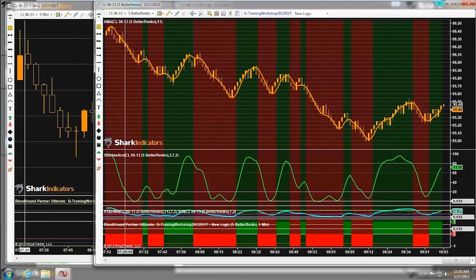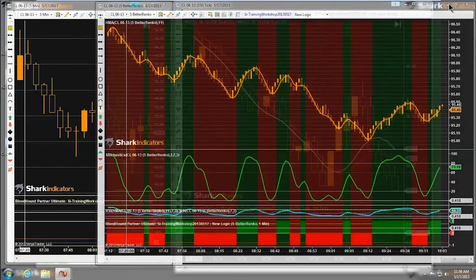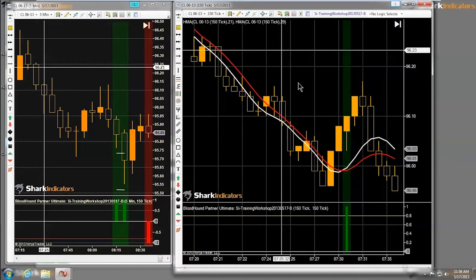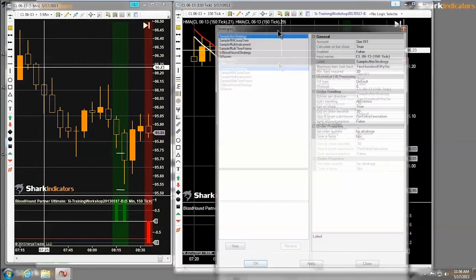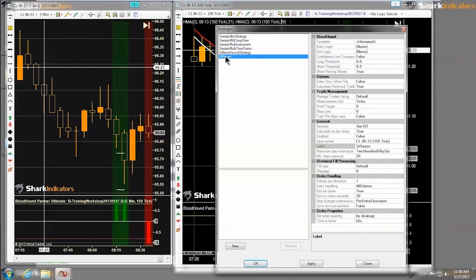So Husum has a question. How can I get the exit logic to close an existing position only and not to reverse the position? All right. Okay, so Husum, I'm assuming that you caught on to when we were talking about Raven earlier and the differences between the exit logic and entry logic.